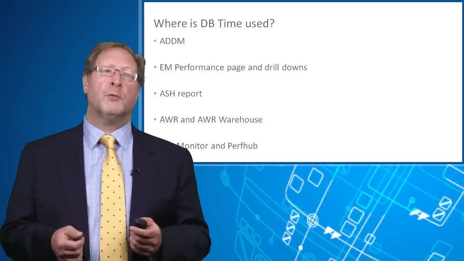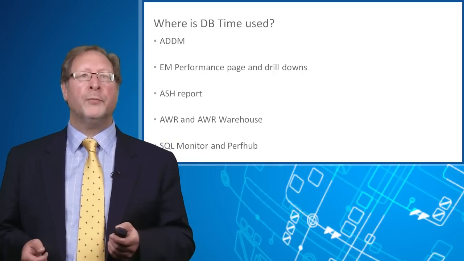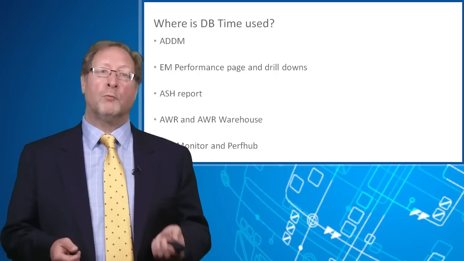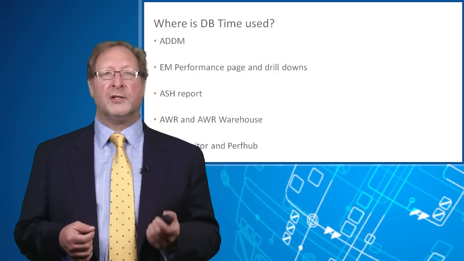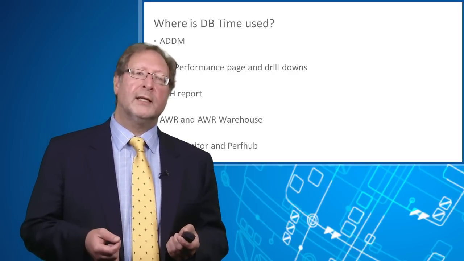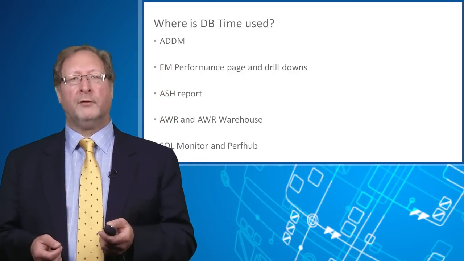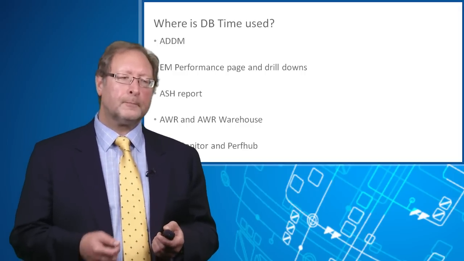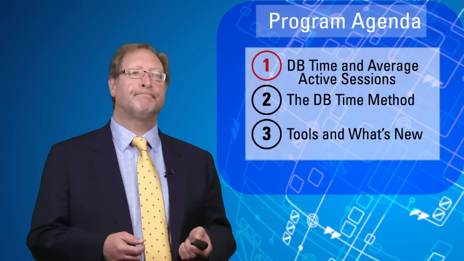AWR and the new AWR warehouse also prominently display database time, as does SQL Monitor, which is the preferred tool these days for doing investigation into the performance of individual SQL statements, and the new Perf Hub, which is available with EM12. All of these things use database time.